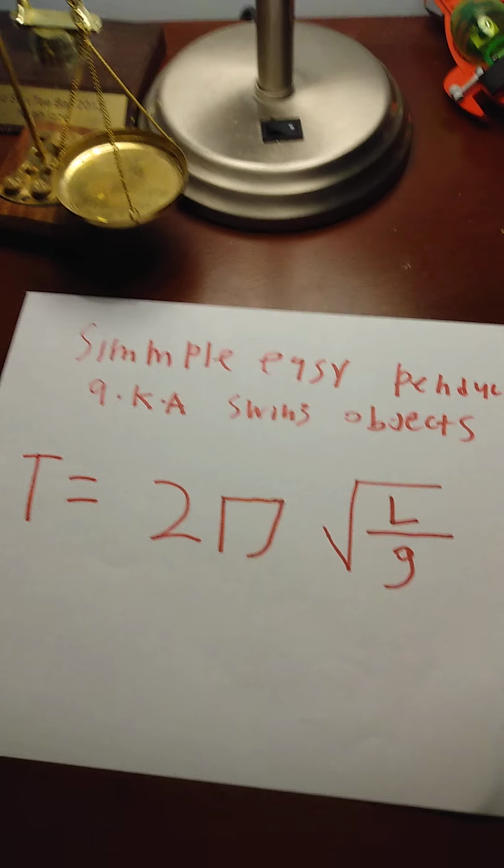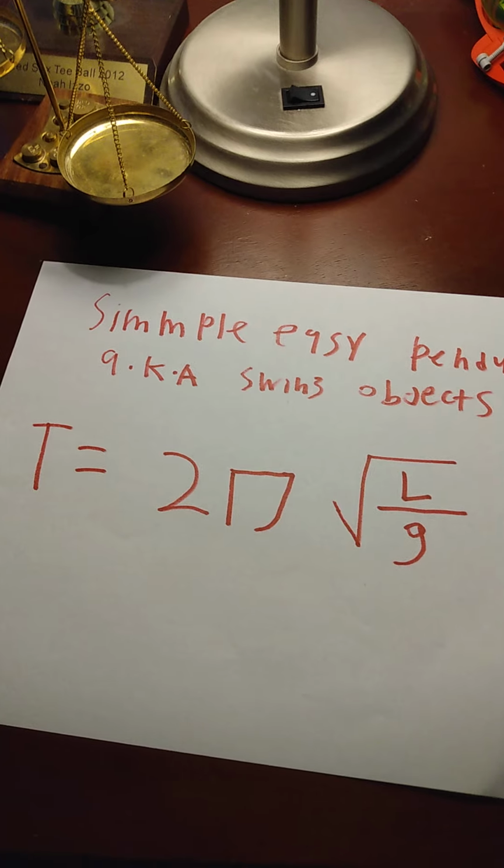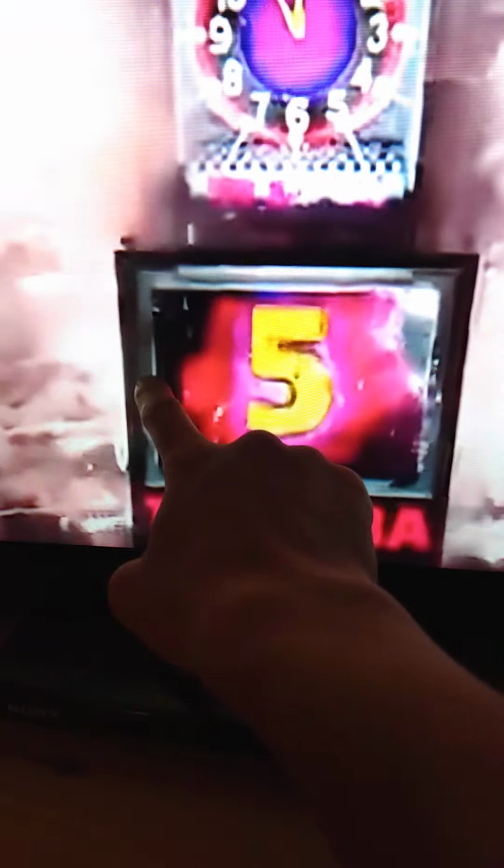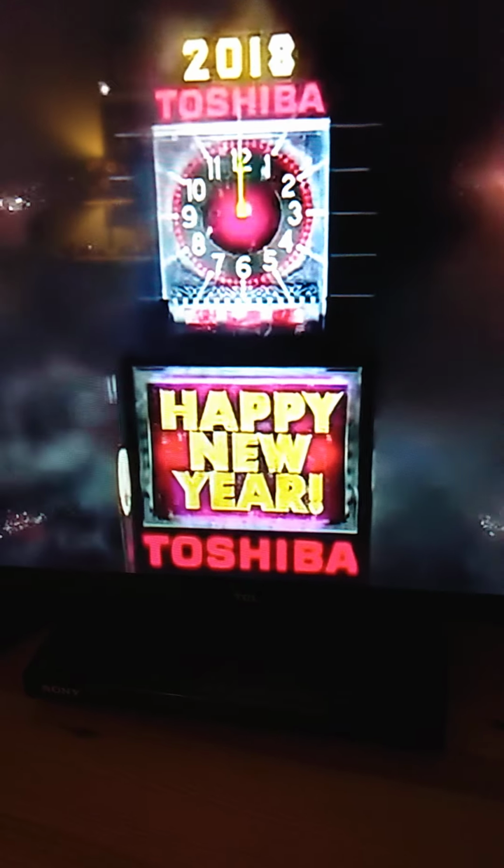The reason we are going to review this is because of this: the New Year's Eve ball drop, and that's the pendulum. We want to know how long it takes to get from here, there, and back. We want to know how long that pendulum goes.